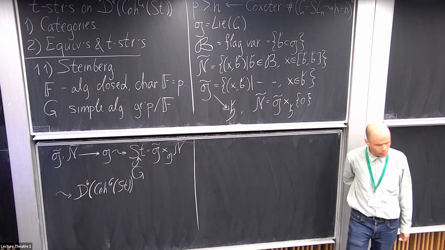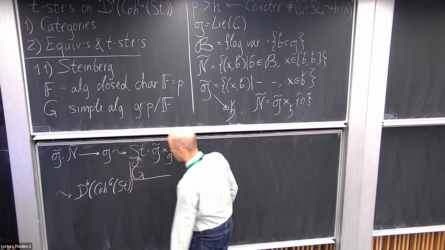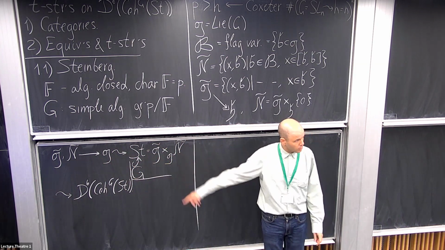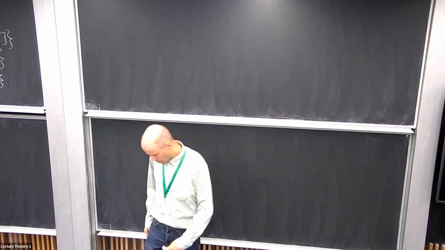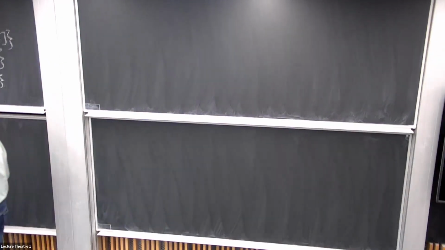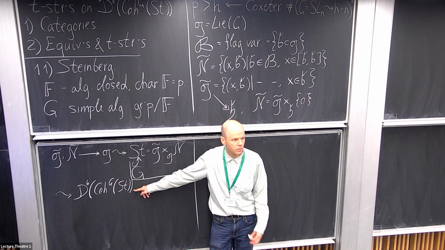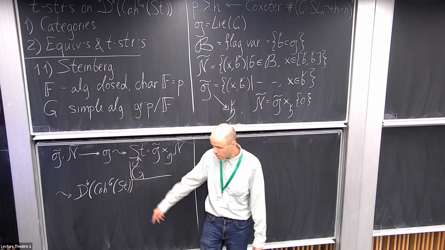And up to a little twist, this is one of the categories that I'm going to care about. What I actually want to do is produce some derived equivalences between this category over here and some classical representation theoretic categories associated to semisimple algebras. And I want to describe the corresponding t-structures that I get on this category. Okay, that's the goal.